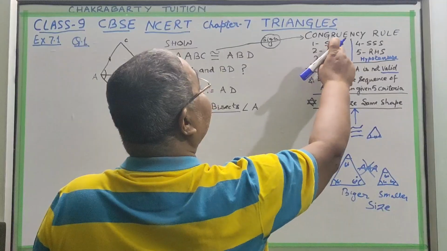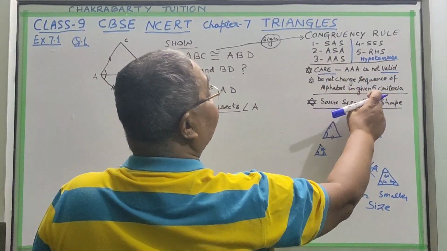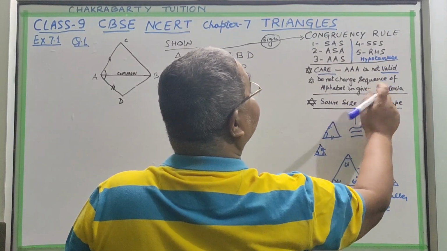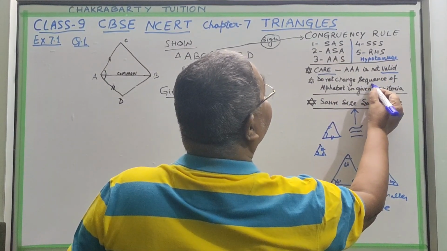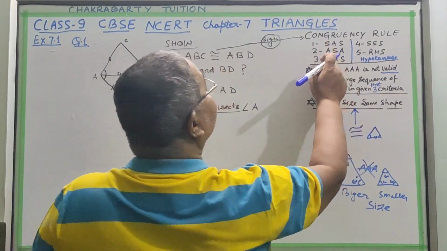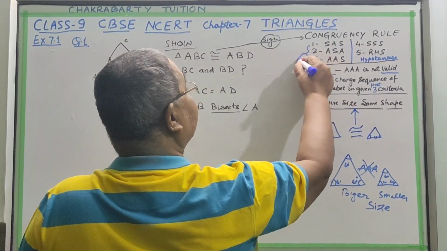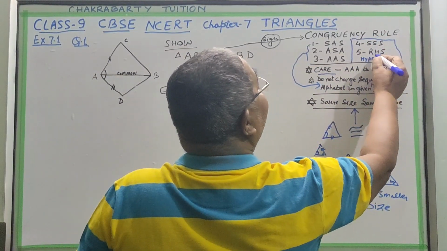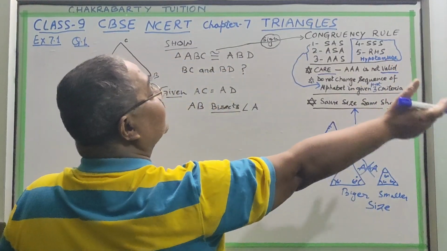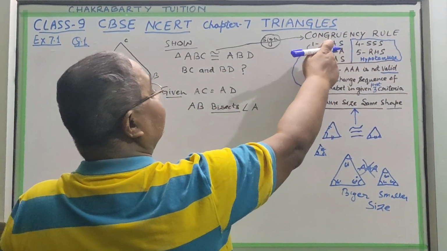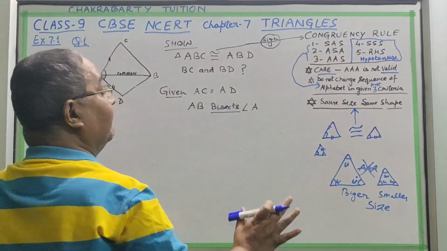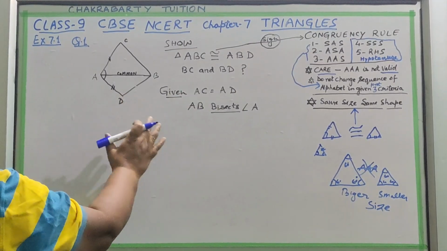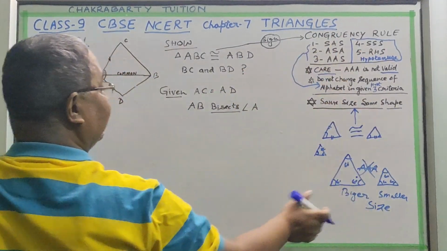Do not change the sequence of alphabet in the given 5, especially in the first three. For side, right angle, hypotenuse and side, you cannot change anything, so there is no possibility. Only possibility is here. Now it is clear. I am going to solve question number 1, 2, 3 slowly, and I will explain this again wherever it comes.